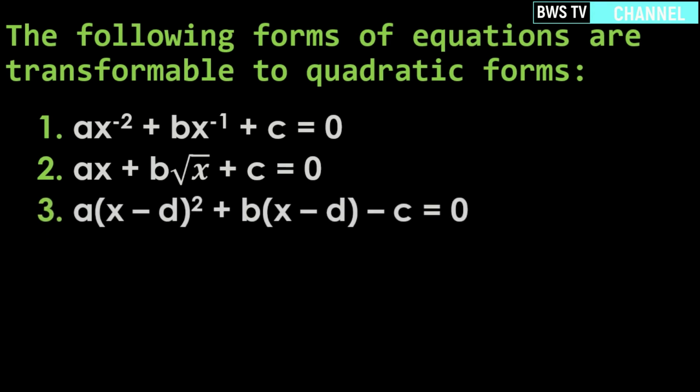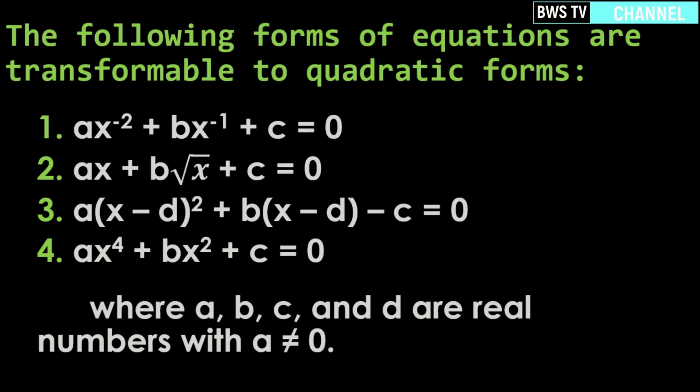And third, a times the quantity of x minus d squared plus b times the quantity of x minus d minus c is equal to 0. And we have the fourth one, ax to the power of 4 plus bx squared plus c is equal to 0.